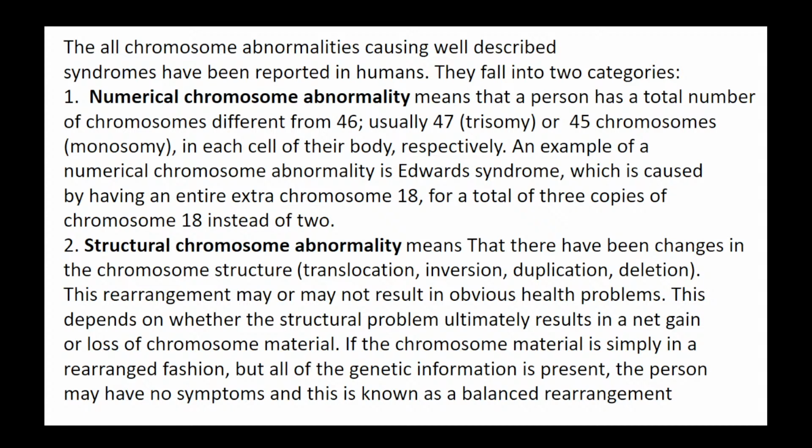The second group of chromosome abnormalities is structural chromosome abnormalities. These are changes in the structure of chromosomes. There are four main types of changes in the structure of chromosomes. These are translocation, inversion, duplication, and deletion. This rearrangement may or may not result in obvious health problems.